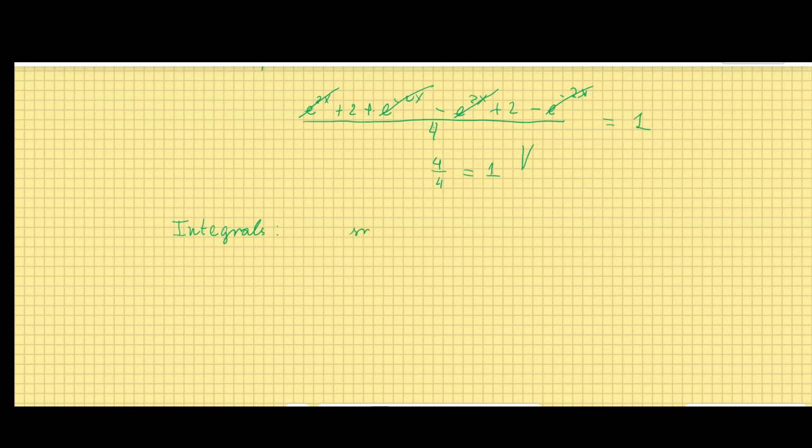We know that the derivative of sinh of x equals cosh of x. Now, guys, if we integrate cosh of x dx, we are going to get sinh of x plus a constant, right?